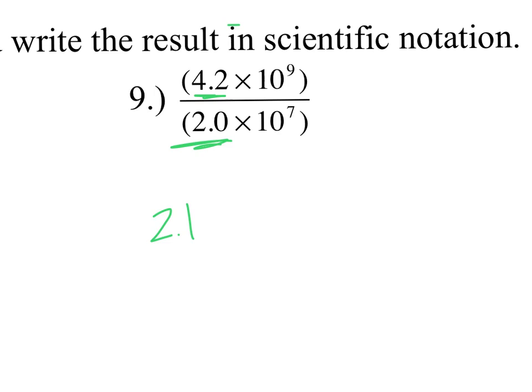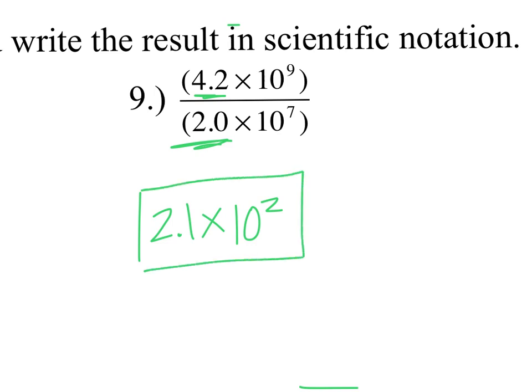And our exponent rules say that when we're dividing the bases, we subtract the exponent. So 9 minus 7 is going to give us 2. And in this case, 2 is between 1 and 10, so we don't have to move anything. It is in the correct form.